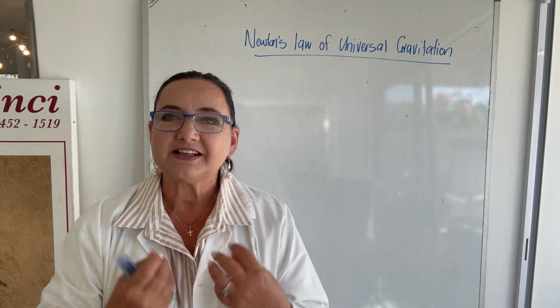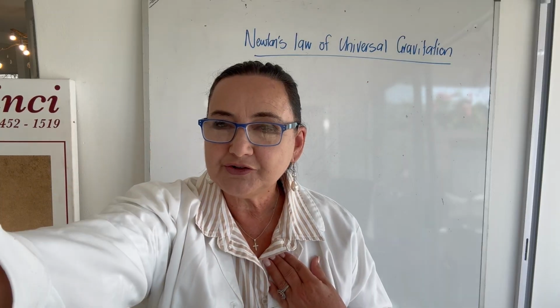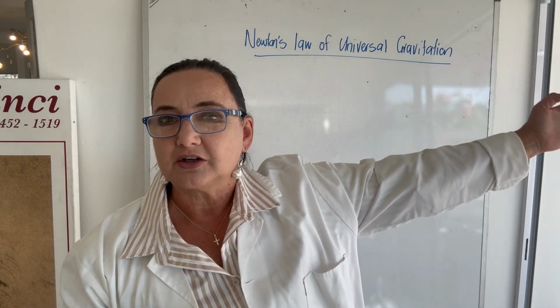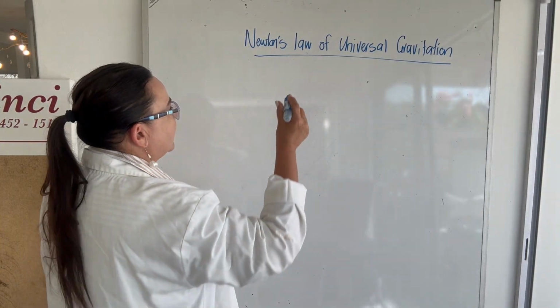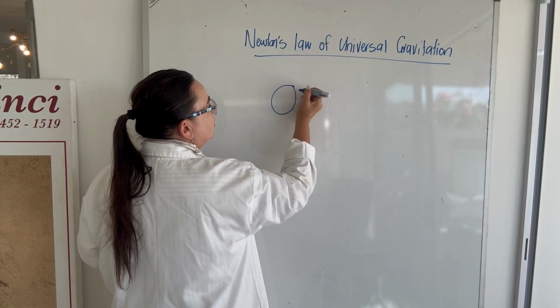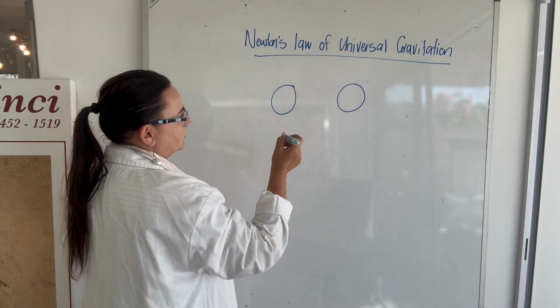That means there's an attractive force working on me, onto my camera, or between me and Mars. Alright? So if we look at this, it states that between any two objects or bodies in the universe, there is a force.